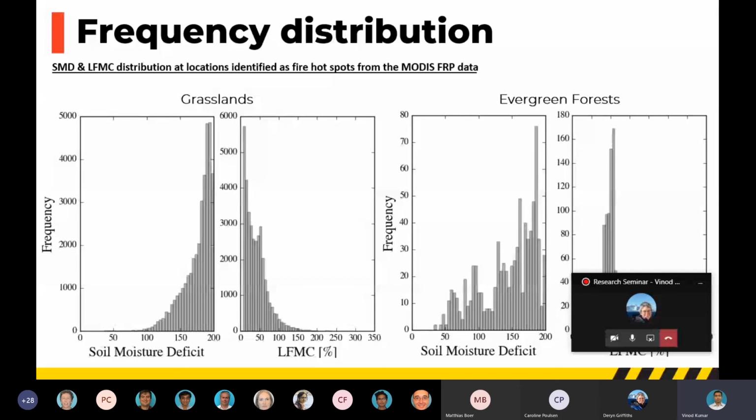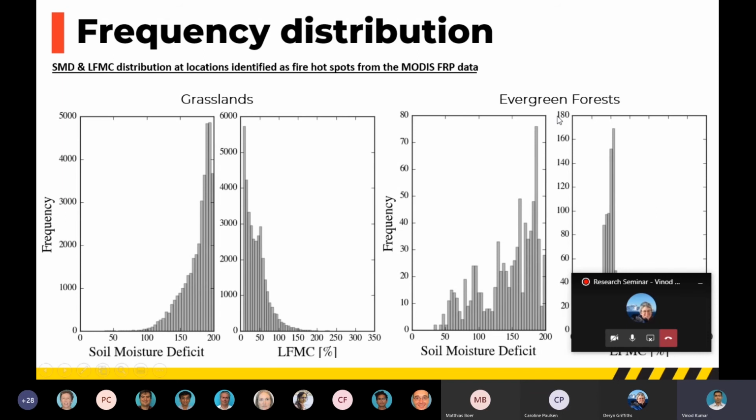You could see that for grass, the left two panels correspond to the grasslands. So you can see that fires over grasslands occur normally over very dry soil, and the live fuel moisture content is usually less than 50, so when the fuel is very dry.